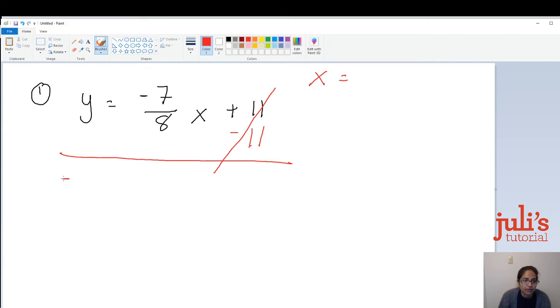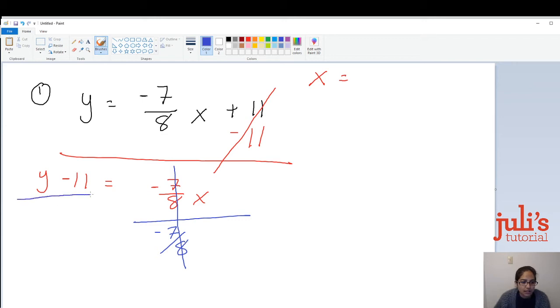So I have y minus 11 equals negative 7 over 8x. Then next we're dividing by negative 7 over 8 to get rid of this.